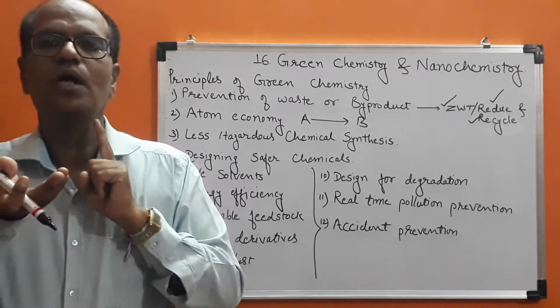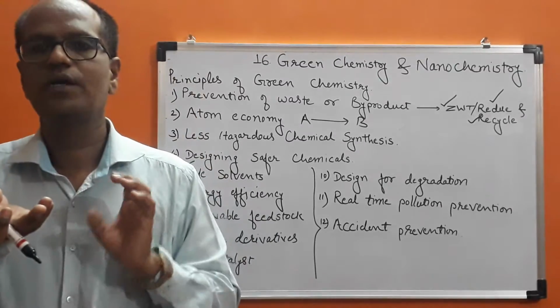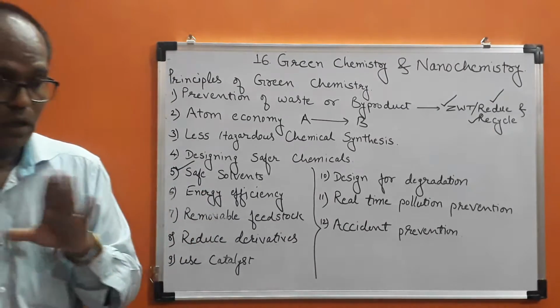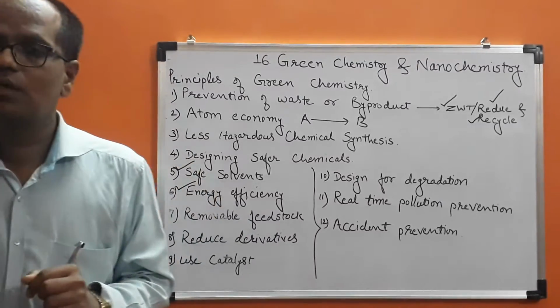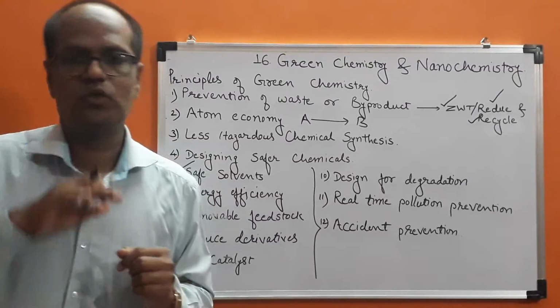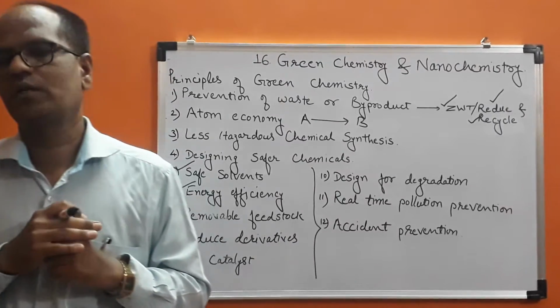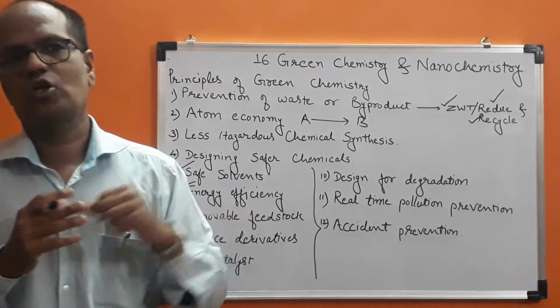So therefore avoid reactions at high temperature. Try to conduct the reactions at low temperature. Another thing is that as far as possible, try to use modern heating techniques like the microwave oven or like that. Right?